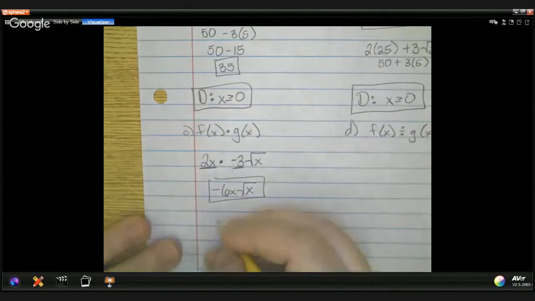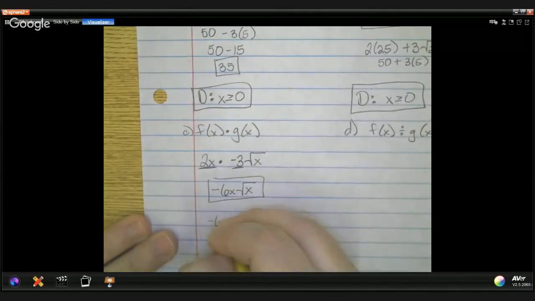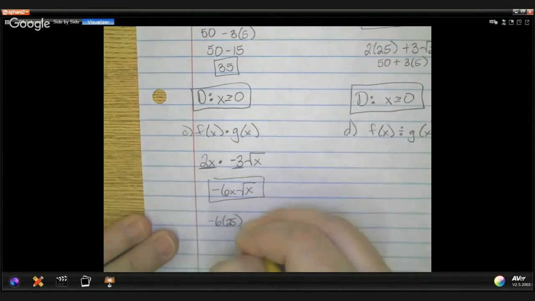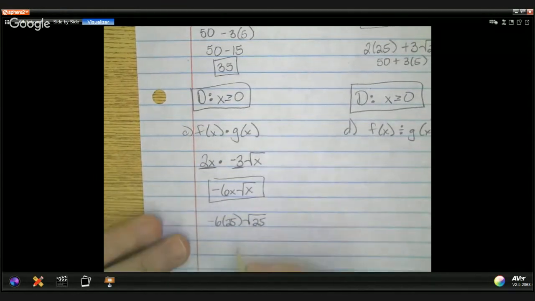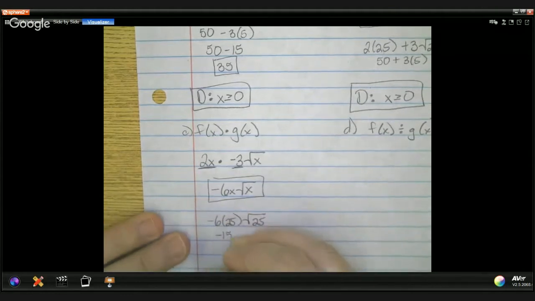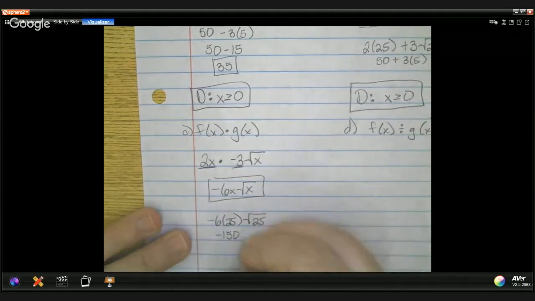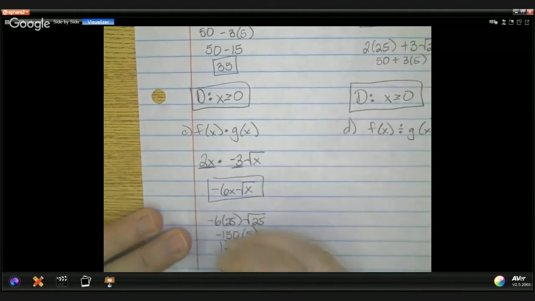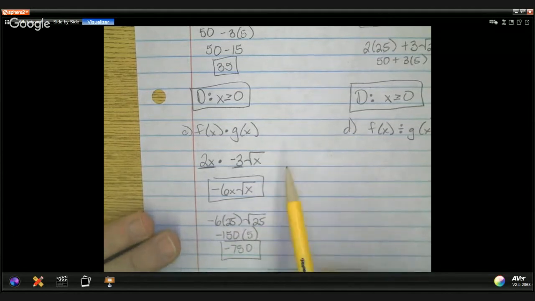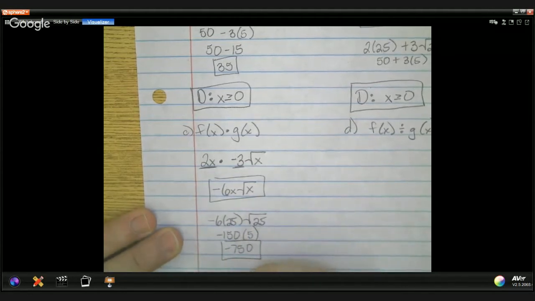Now again, we have to plug in 25, so it's negative 6 times 25 times the square root of 25. 6 times 25 is 150, so it's negative 150 times 5. So it's negative 750. And then it's the exact same idea where we can't take the radical of a negative. So our domain, again, is x is greater than or equal to 0.